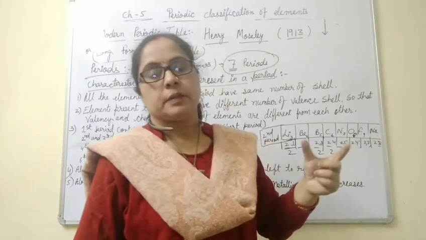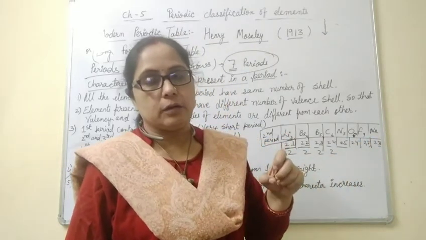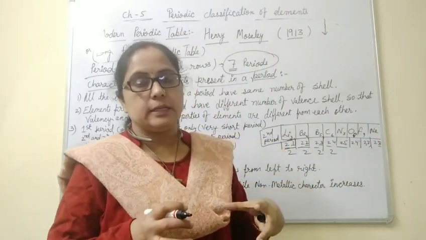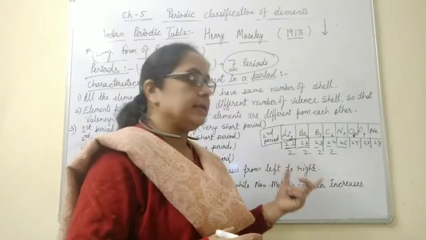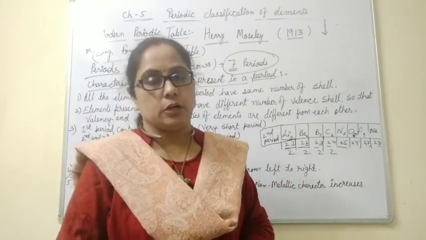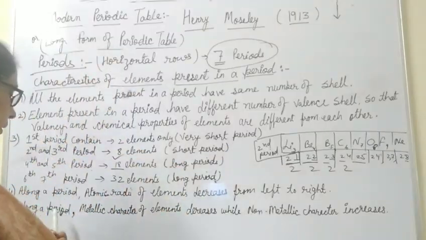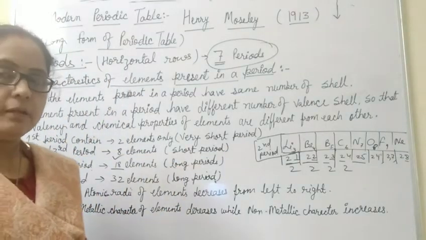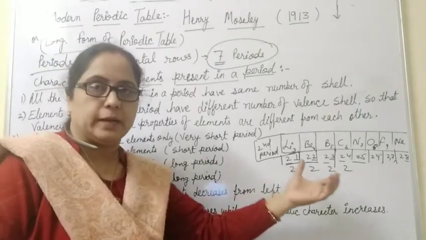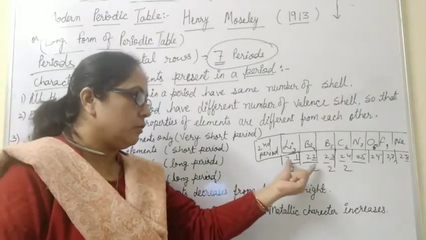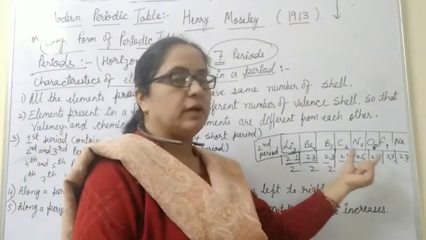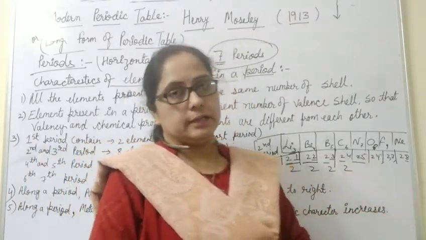So the valence electrons and nucleus attract each other strongly and decrease the size, the atomic radii, of the elements. Next characteristic in a period: when we are moving from left to right, the metallic character of elements decreases while non-metallic character increases.